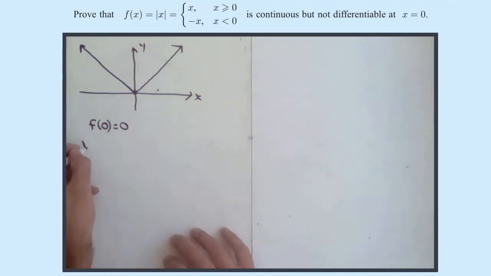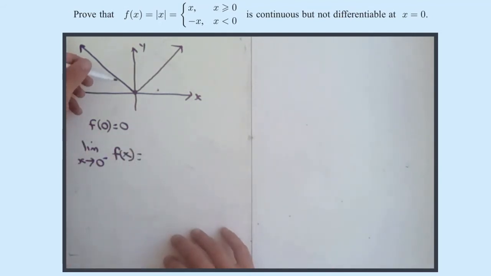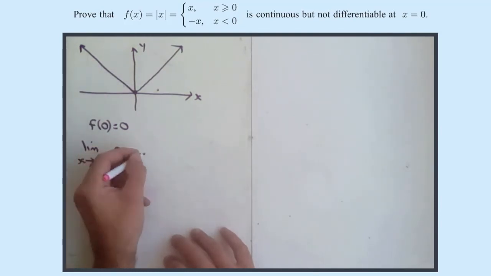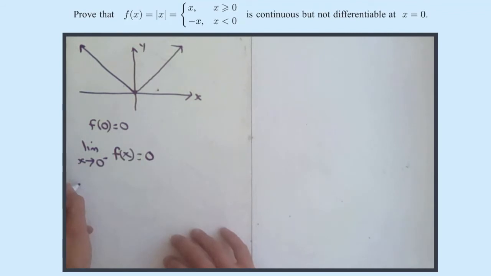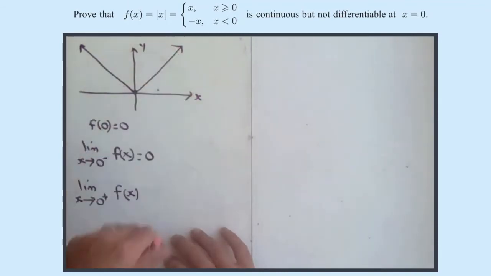So the limit as x approaches 0 from the left hand side of f of x, as you can see, if we're approaching 0 from here in x, y is also approaching 0 quite clearly. And if we go the other way, the limit as x approaches 0 from the right hand side of f of x, if we approach from the right hand side, we are also quite clearly approaching 0.